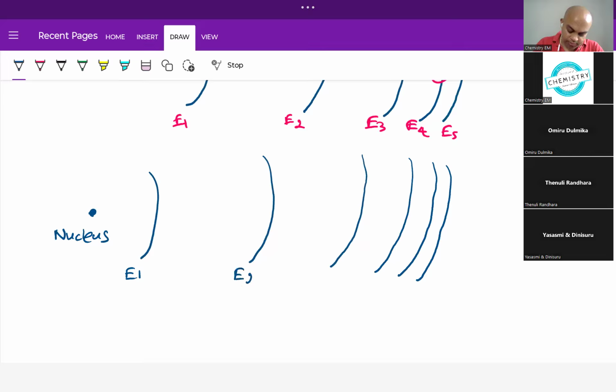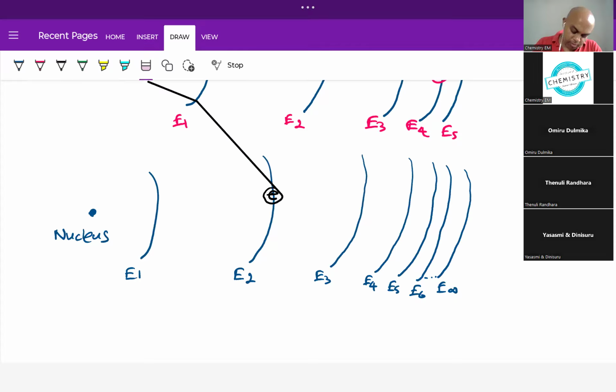If this frequency is within the visible range, then the human eye can see it as a color.